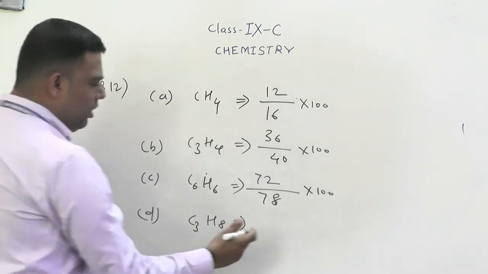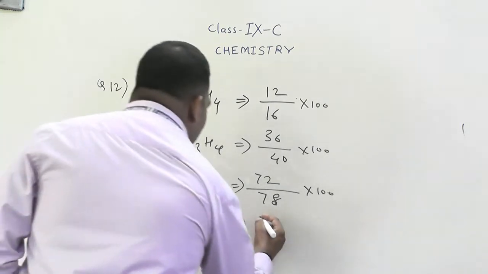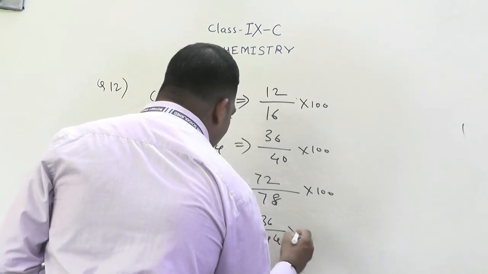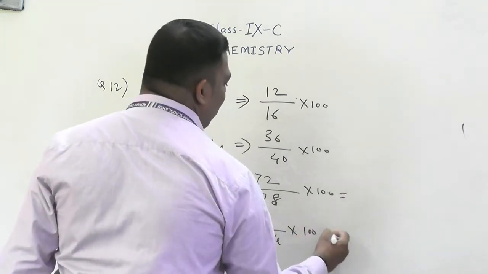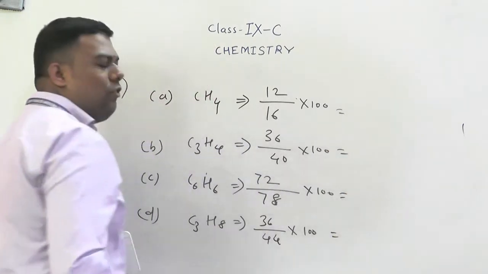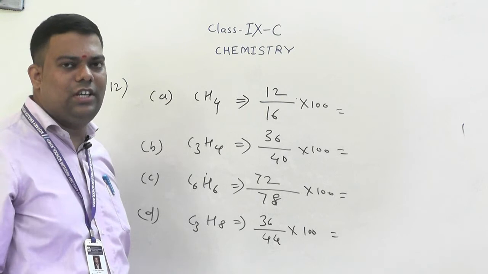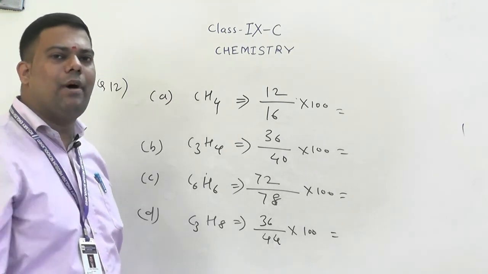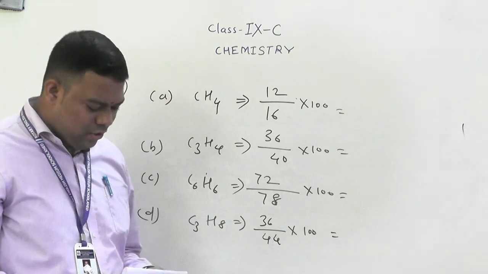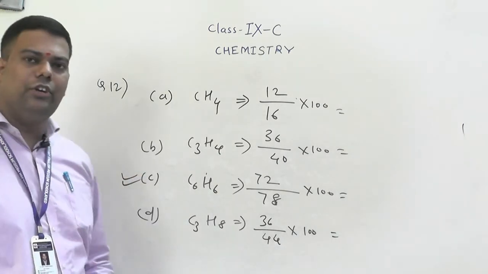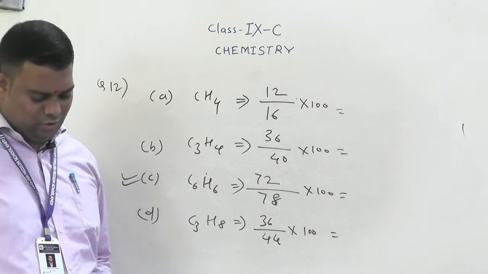So for C3H8, how much will you get? 36 divided by 44 into 100. After calculating, whichever value is highest, that compound has the highest carbon percentage. Understood? So here your option is C. You can cross check with your calculation also.